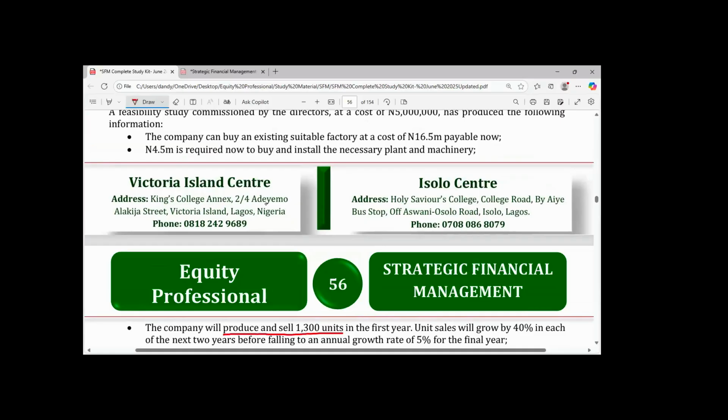Step 2, you calculate present value of financing effect cash flow. Step 3, you calculate adjusted present value. Step 4, you advise whether the project should be undertaken or not. These are the 4 procedures you carry out anytime you want to estimate adjusted present value. And that's what we are going to do to solve this question.